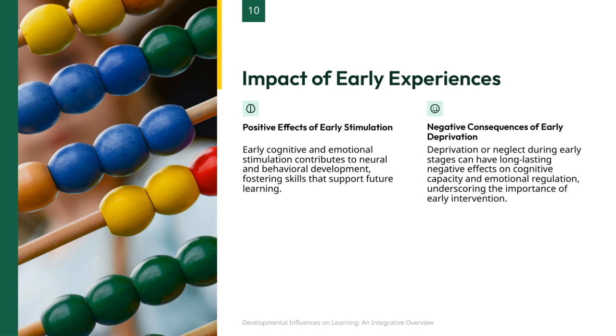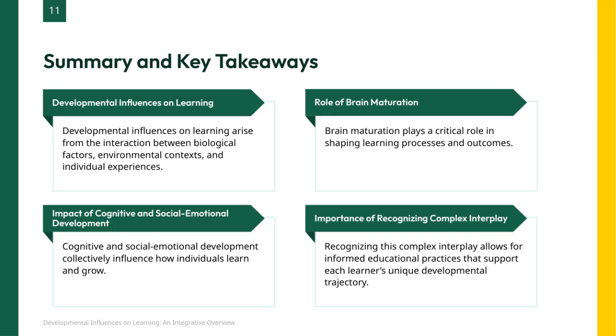As we wrap up, it's important to remember that learning is shaped by a combination of developmental influences. These come from the dynamic interaction between biological factors, the environment around us, and the individual experiences we each bring. Brain maturation is particularly crucial because it directly impacts how we process information and acquire new skills.